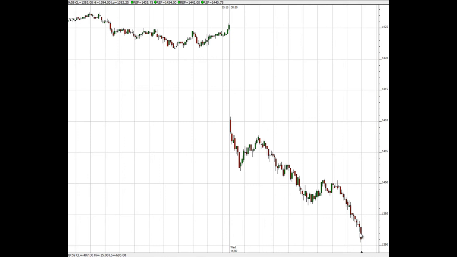Now, would you scale out? Well, it really depends on the setup itself. If you enter a setup where you feel like you've really hit the extreme, that means your conviction is pretty high that you've reached the extreme of how much price is going to move currently. Then, if you feel really good about the setup, just let it ride.